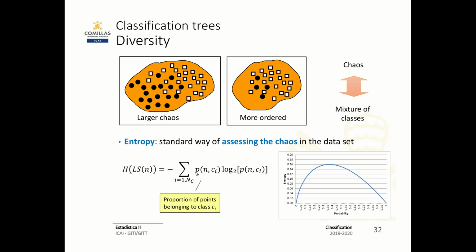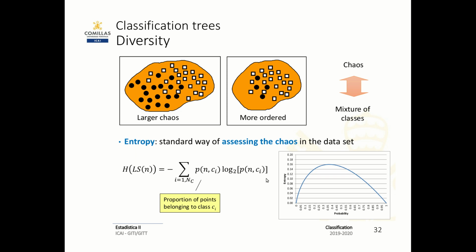Then we add this calculation for all the classes: 1 times the logarithm in base 2 of 1, plus 0 times the logarithm in base 2 of 0, plus 0 times the logarithm in base 2 of 0.